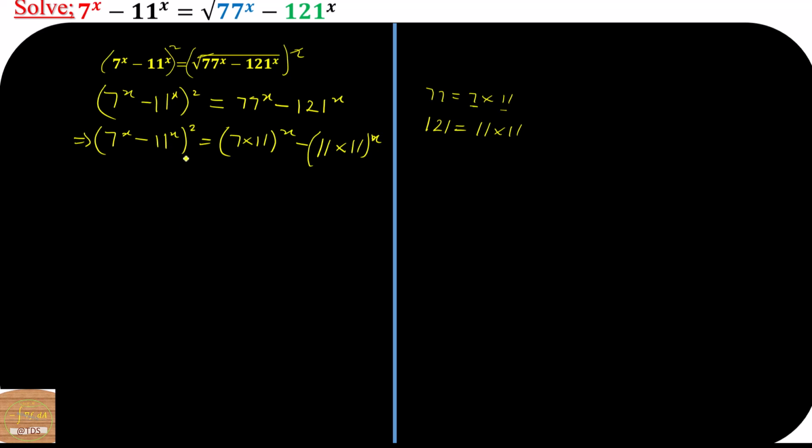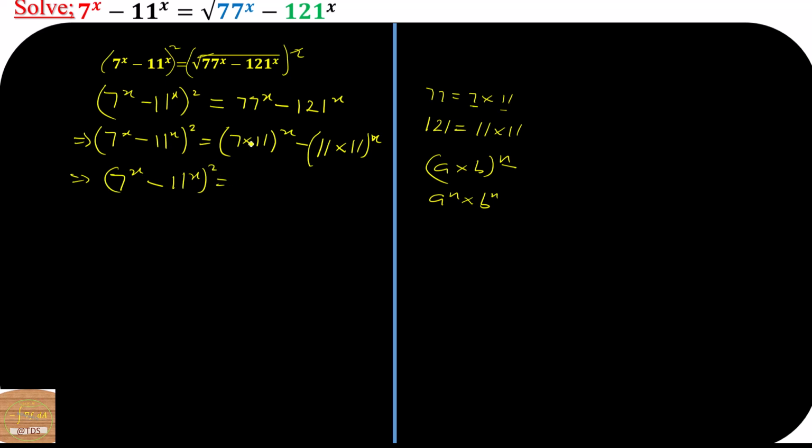Now in case you have a times b all to the power n, this power affects everything, so we have a to the power n times b to the power n.